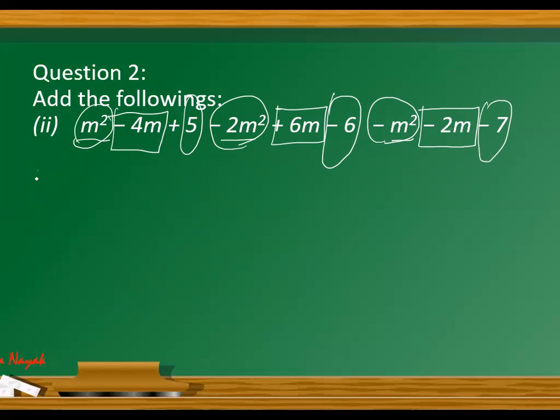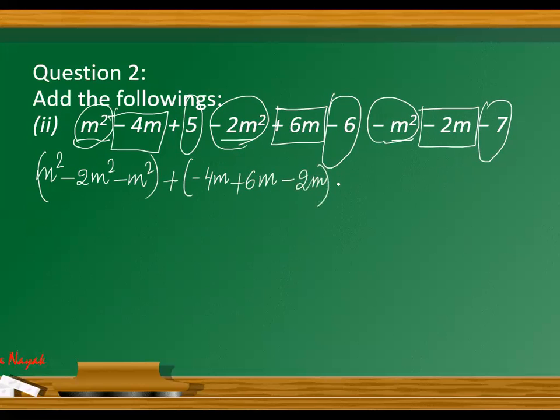So first I'm writing m square. Then I'll write minus 2m square. Then I'll write minus m square. One group finished. Next, minus 4m plus 6m minus 2m. Then I'll go for the constants 5 minus 6 minus 7.